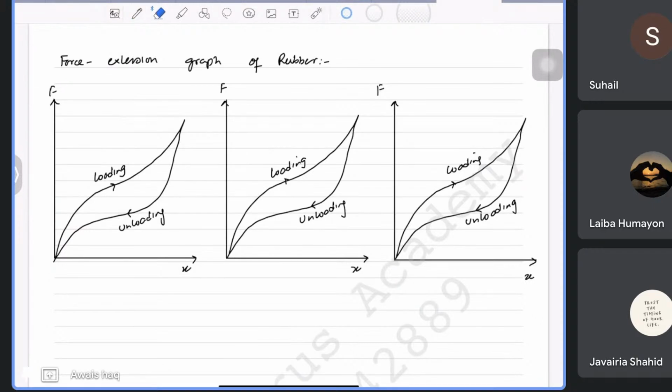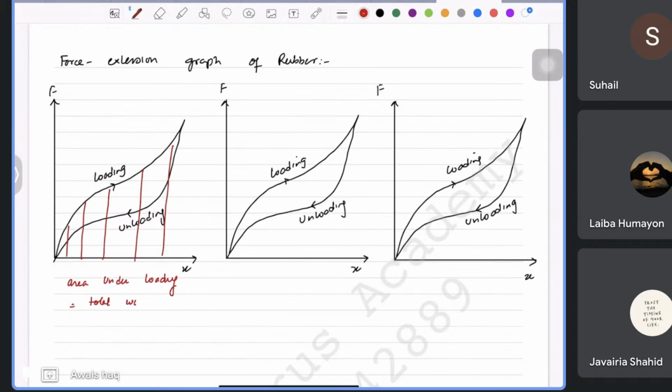So first of all, I'd like to tell you about the area. I'm going to use the pens as well. So the area under the loading graph, like this, basically shows you the total work done, right?